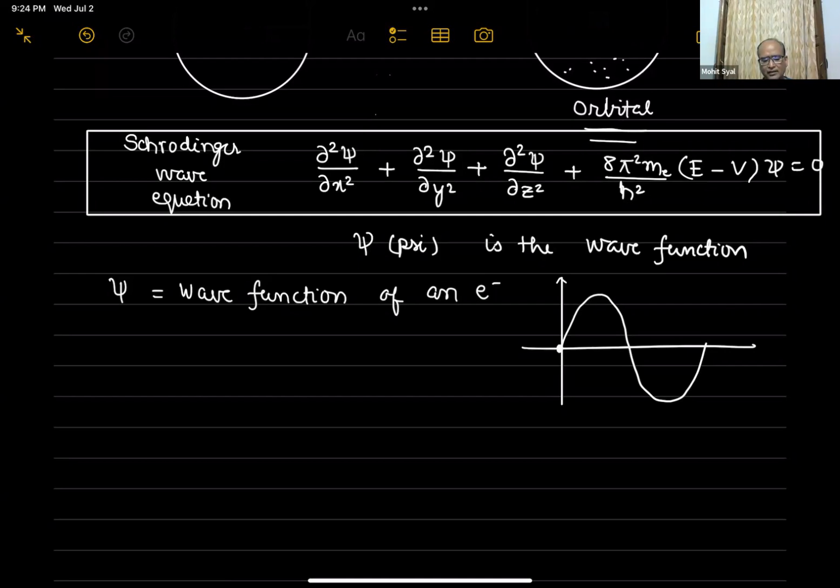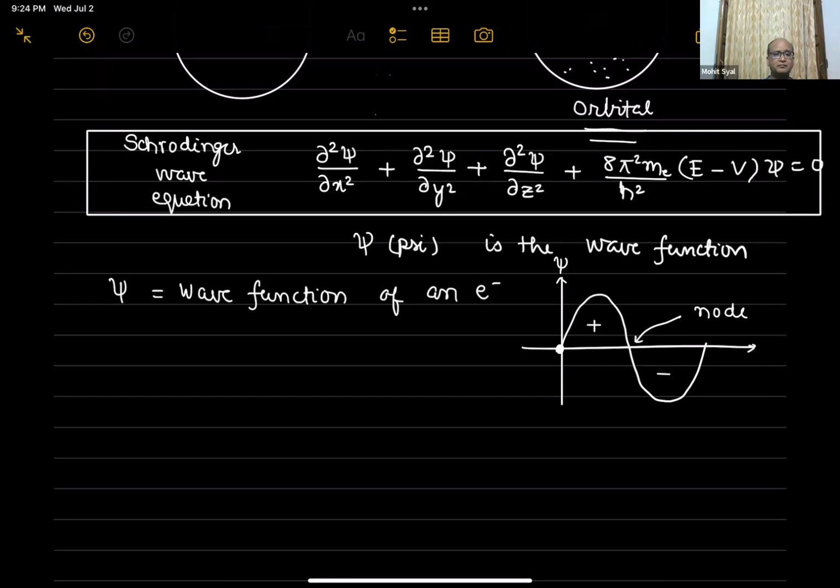Suppose you plot this wave function against the distance from the nucleus; at some distance it can have a positive value, it can have a negative value, because it is a wave. Is it clear? The point where it crosses zero is known as a node.